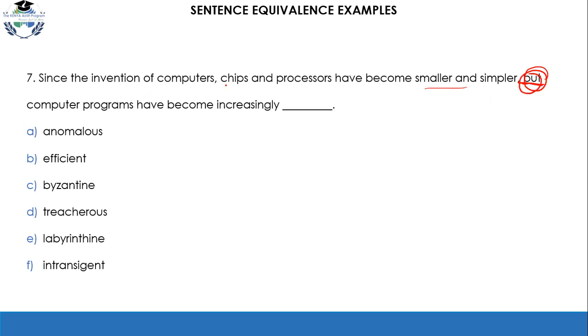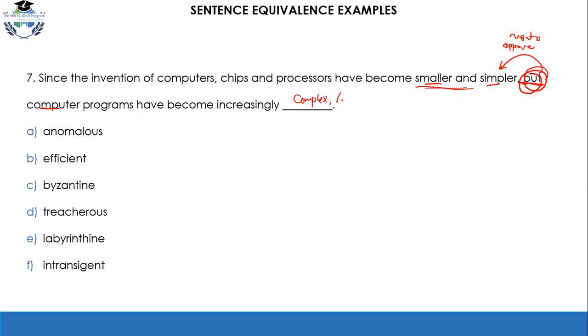So since the invention of computers, chips and processors have become smaller and simpler, but computer programs have become increasingly blank. So we are talking about chips becoming smaller and simpler, and the but here would oppose the first part. So the computer programs would become complex, right?